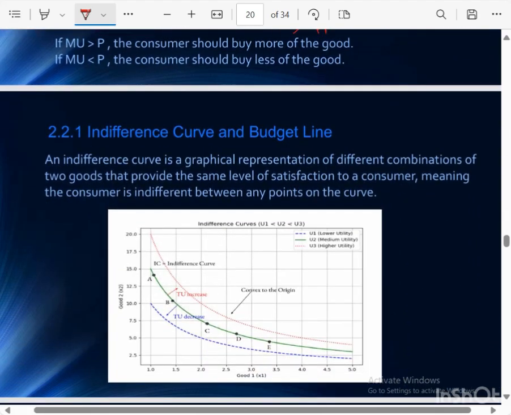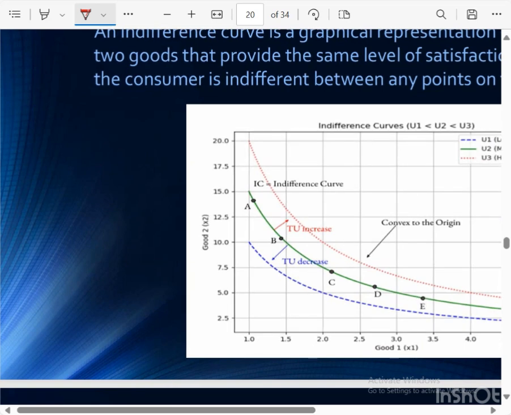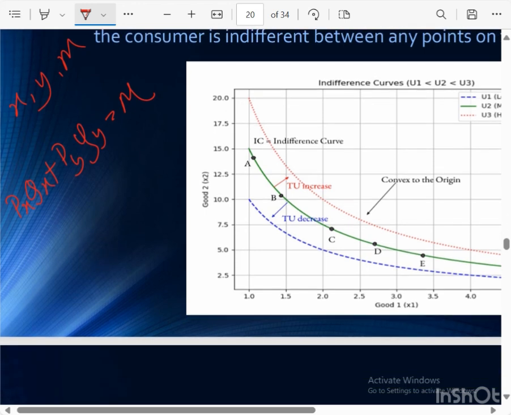We can see the mathematical proof here. Let's assume a consumer wants to maximize total utility for two goods, X and Y, with a limited budget of M. The budget constraint is Px Qx plus Py Qy is equal to M. To maximize utility, the consumer follows Lagrange's method: L equals U of Qx, Qy plus lambda times M minus Px Qx minus Py Qy.